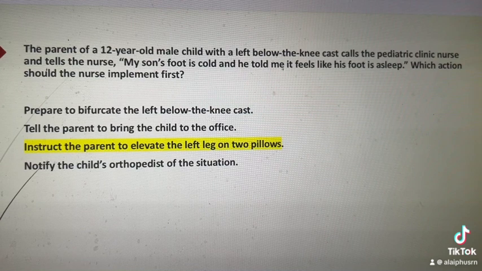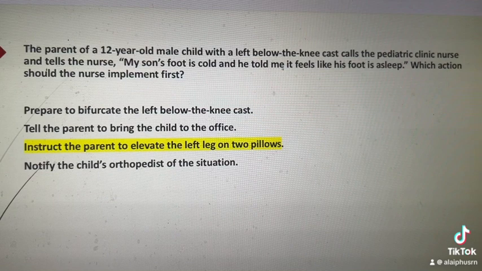This one and number 4, notify the child's orthopedist of the situation, will take time. It's time consuming, and we need to do something. The nurse needs to do something that will help the coldness or the compartment syndrome symptoms. So the perfect answer for this one would be instructing the parents to elevate the left leg on 2 pillows.